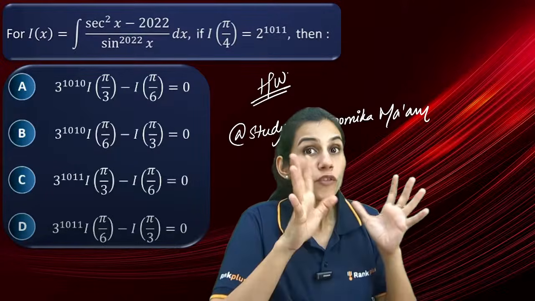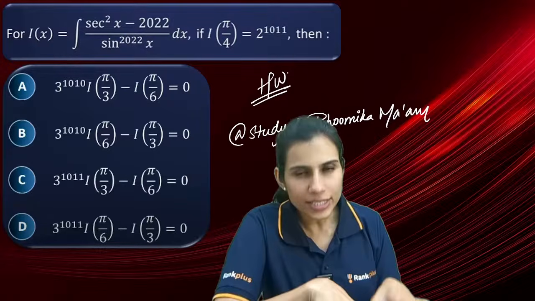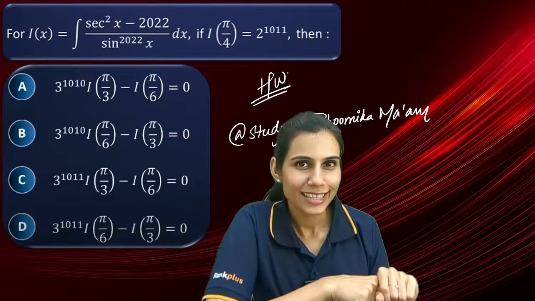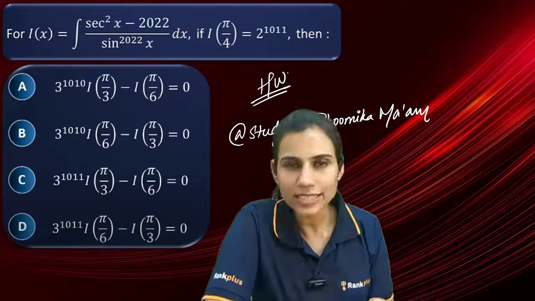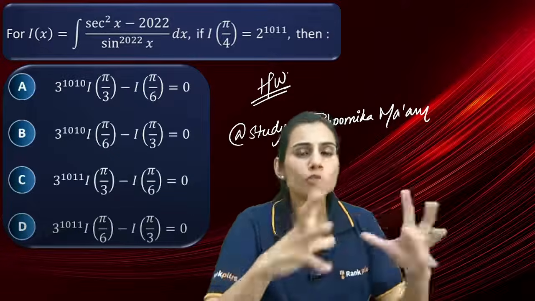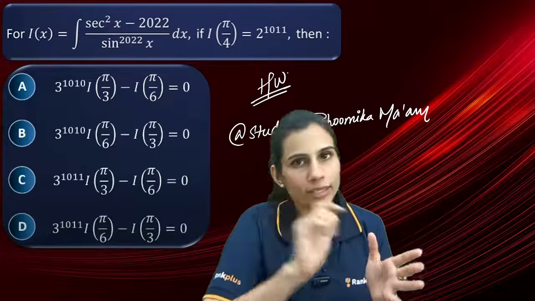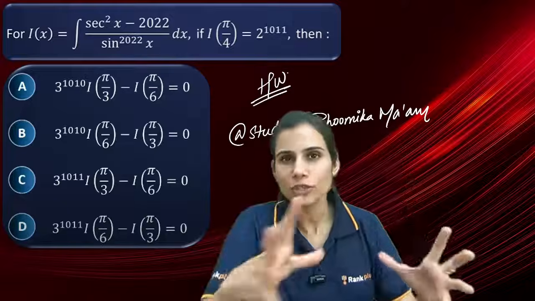This PYQ marathon on integral calculus was special. Your differential calculus has been done, yes, and you're on the integral calculus series, again selecting beautiful questions for your practice, creating a PDF and sending that to you on Telegram, and hence our 100 question mark is going to be completed.